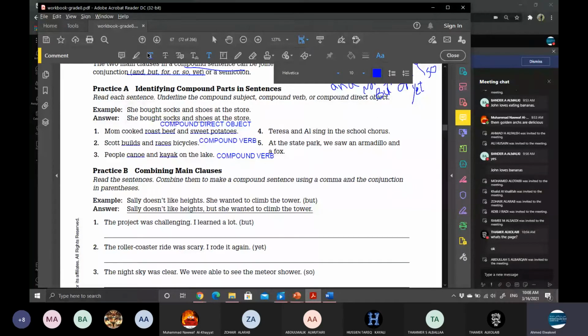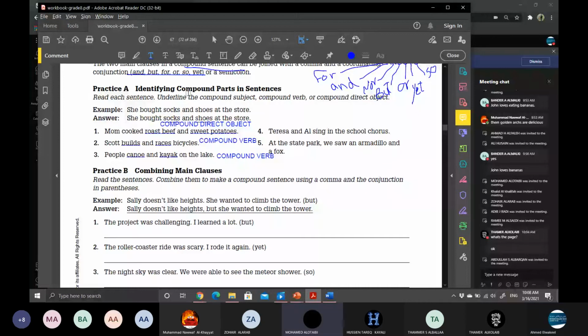Number 4. Teresa and Al sing in the school chorus. This is Teresa and Al, and I think this is a compound subject. Compound subject, excellent, Muhammad. We have here Teresa and Al. Bravo. Compound subject.